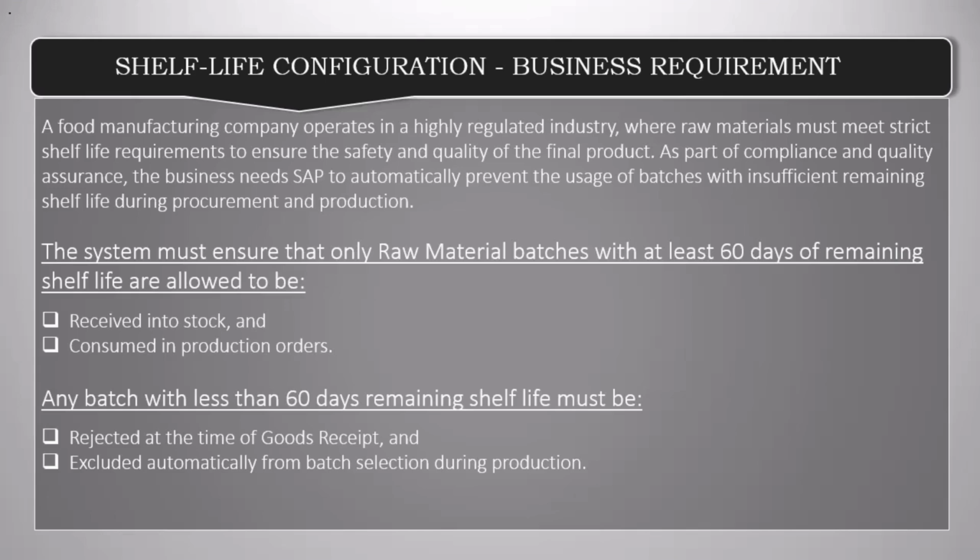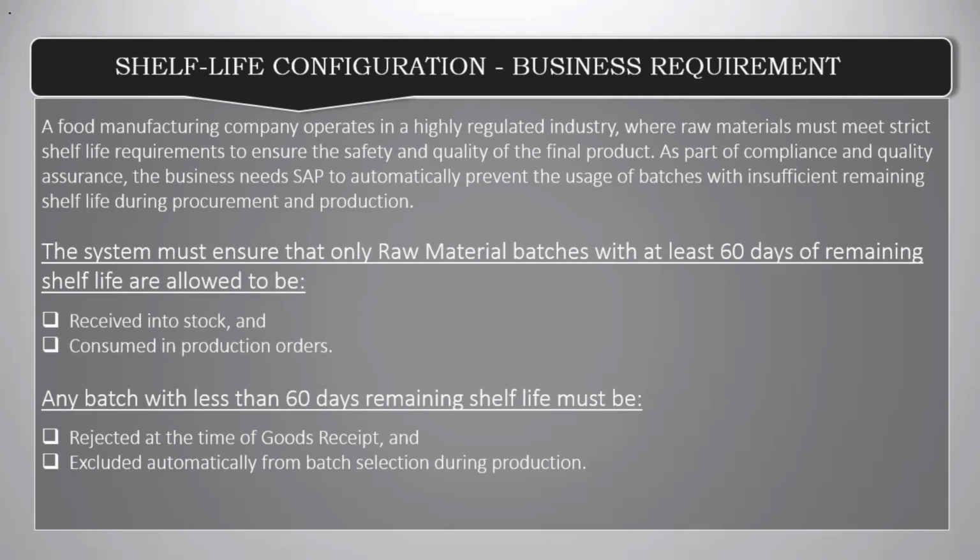The system should reject it, saying this batch has already expired. So if batch management is implemented, that material will carry the batch number and the expiry date. That's for the production planning side.